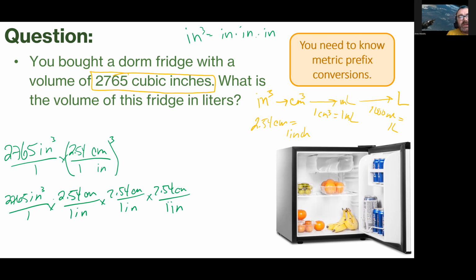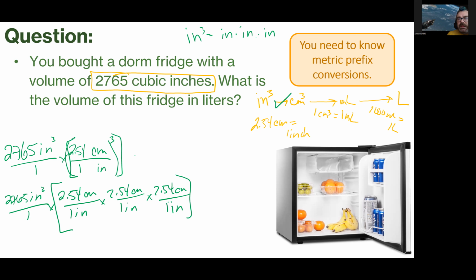Okay. These 2 things mean the same thing. It's easier to write it with a cube there. But I want to show you we have 3 inches cubed in there, and we have to convert every inch into a centimeter. So we got to do it 3 times. Okay. So that one's done.